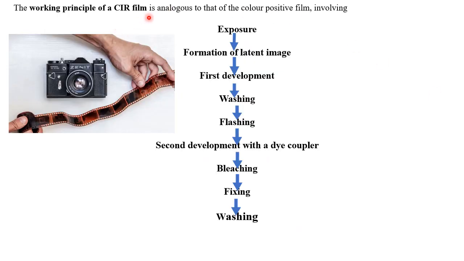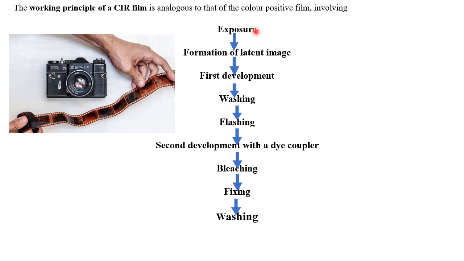Here is the working principle of color infrared films. At this stage, from exposure to flashing is the same as previous, and one important thing is that in CIR film a dye coupler is used for color photograph.